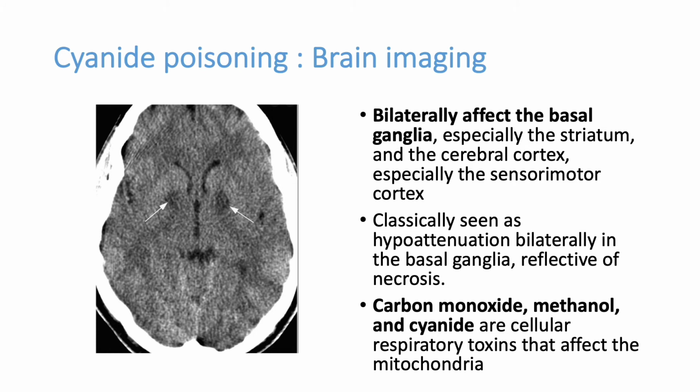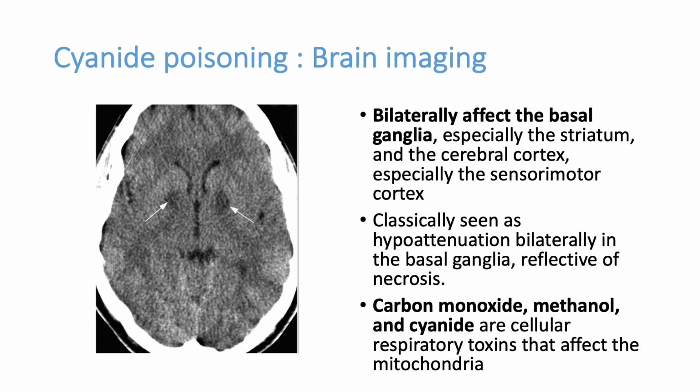So we can see here the brain imaging shows basal ganglia lesions. The patient is having bilateral basal ganglia lesions, especially the striatum, and cerebral cortex, mainly the sensory motor cortex.